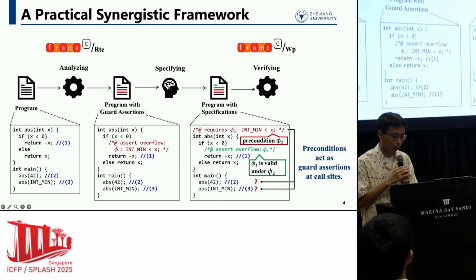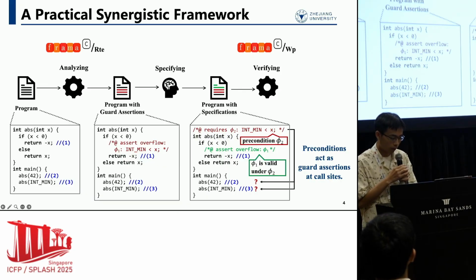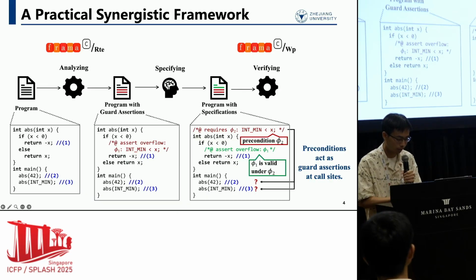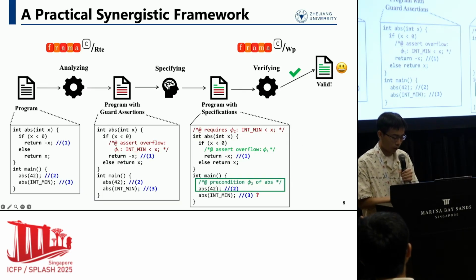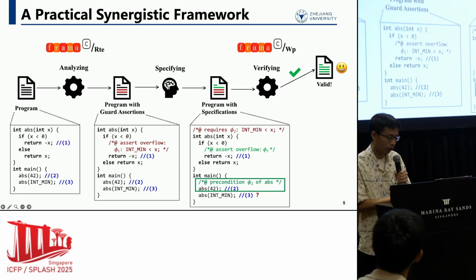Then at each of the call sites, like line 2 and line 3, the verifier checks whether the precondition phi2 is satisfied. In essence, these preconditions act as guard assertions at every point where the function is called. For the call site at line 2, since 42 is larger than int min, the precondition phi2 is satisfied.